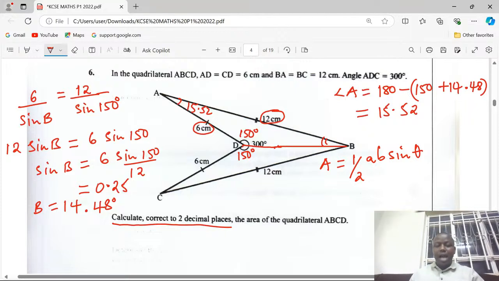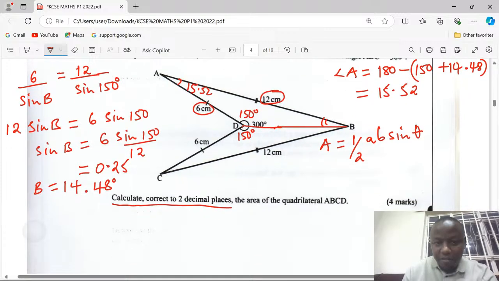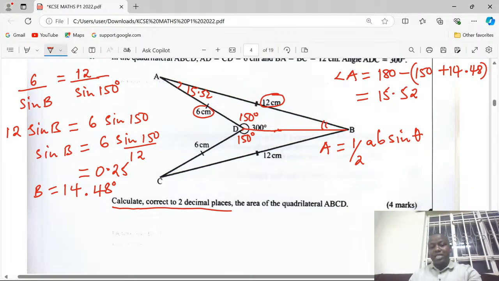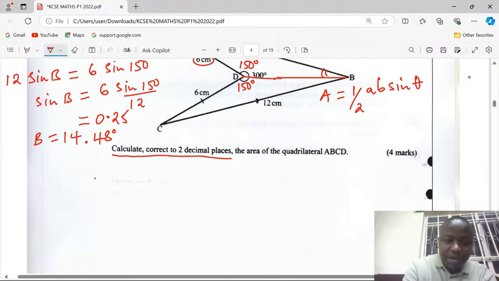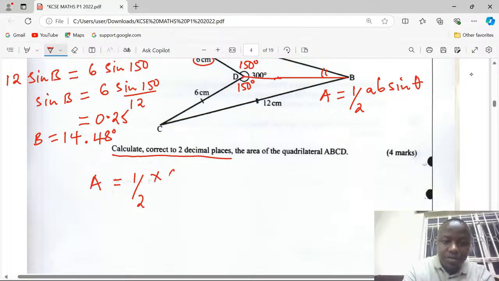A and B are two lines, sorry, and theta is the angle between the two lines. Therefore, there are two similar triangles here, because I divided already by 2, and that means I will have area given by half 6 times 12.